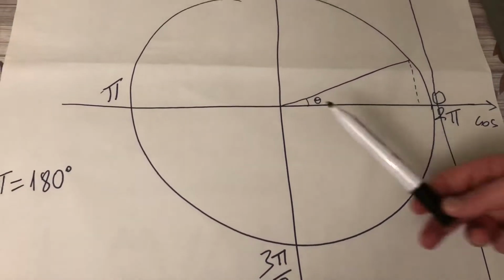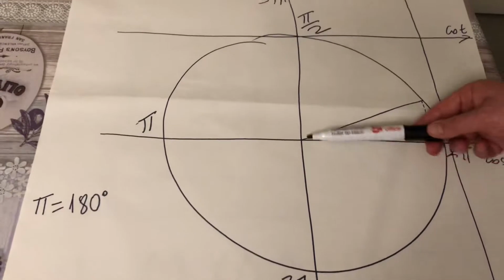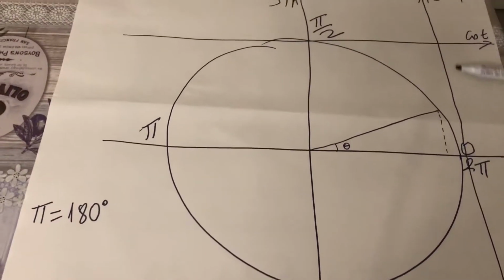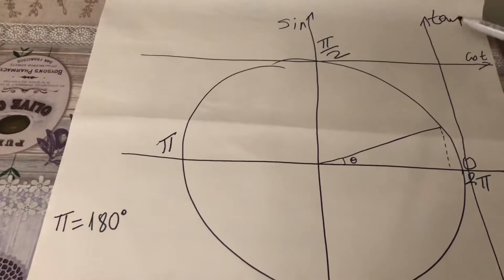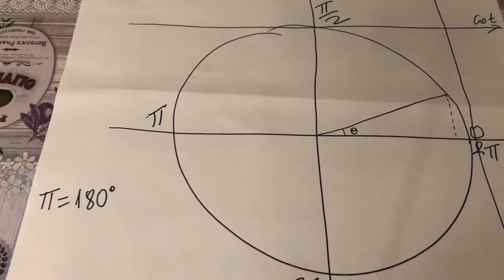The x-axis is the cosine axis, the y-axis is the sine axis, the vertical tangent to the unit circle is the tangent axis, and the horizontal axis is the cotangent axis.